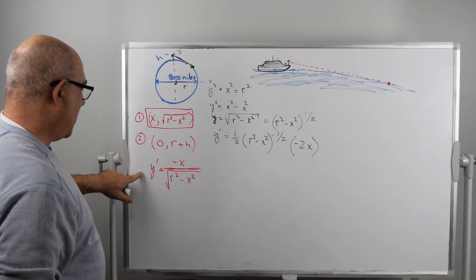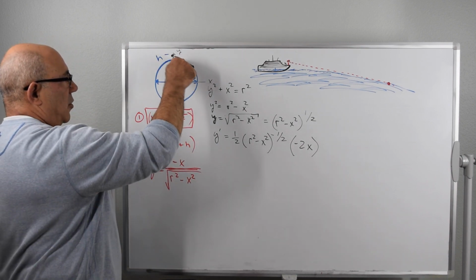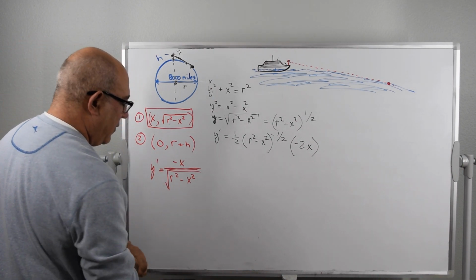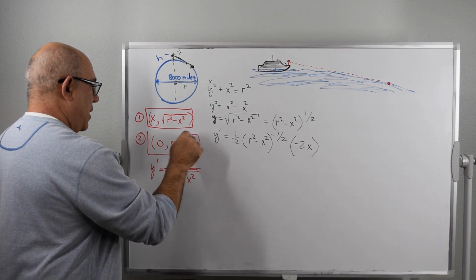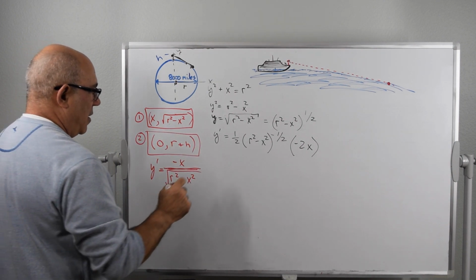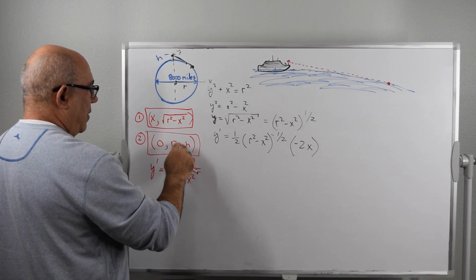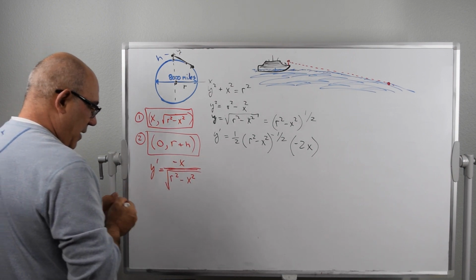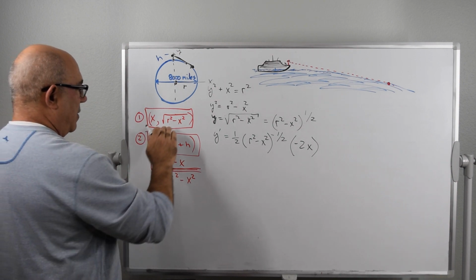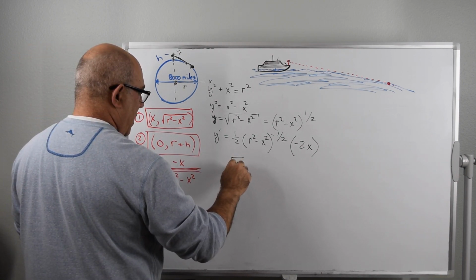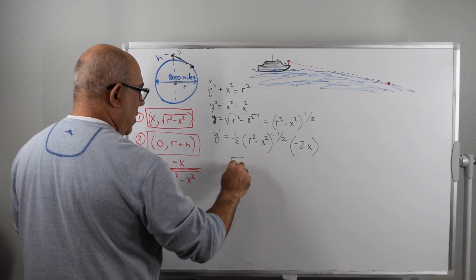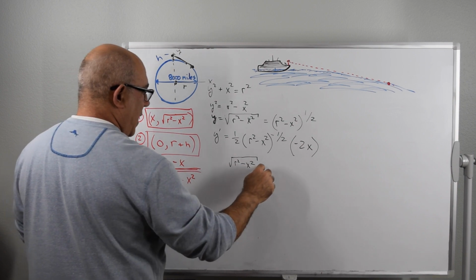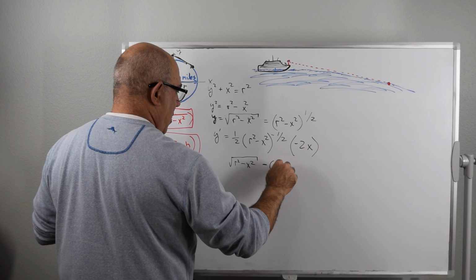So now we have point 1, point 2, and we have the slope of the tangent. Now all we need is the slope of this line. Well, we have the 2 points, so we can find the slope. That is going to equal y1 minus y2 divided by x1 minus x2. So what is that? y1 is the square root of r squared minus x squared, minus the quantity r plus h.